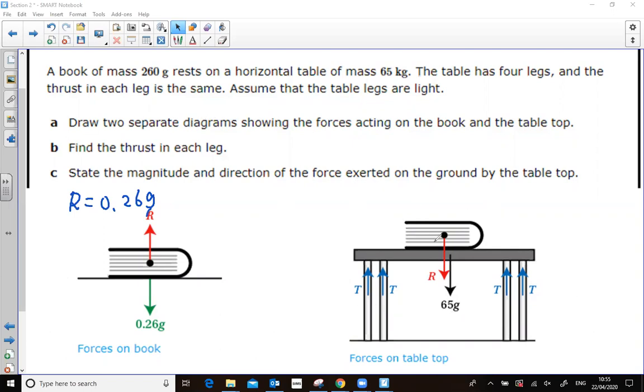So all the forces acting upwards should balance with all the forces acting downwards. So here we have T plus T plus T plus T, so 4 lots of T, must equal all the forces acting downwards. In this case, we have R and 65g.